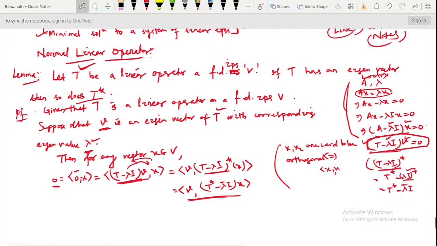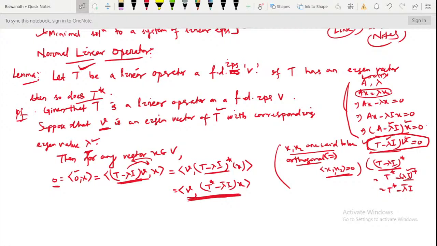That means the inner product of x1 with x2 is equal to 0. So if this holds, then x1 and x2 are said to be orthogonal. If x1 and x2 are orthogonal, then their inner product is 0. This is if and only if. Okay, so if the inner product of these two things is equal to 0, we will say that both these things are orthogonal to each other.